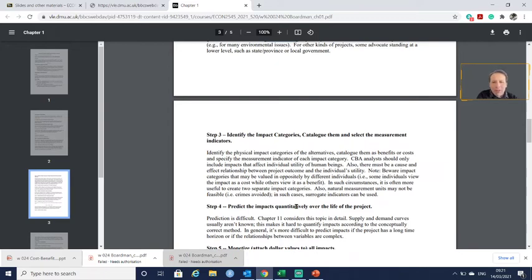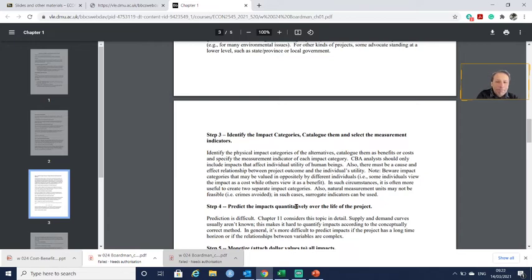Some individuals may see an impact as a cost, whereas others may see it as a benefit. So sometimes when we have that problem of choosing whether a certain impact category is a benefit or a cost, it's useful to create two separate categories for that impact.